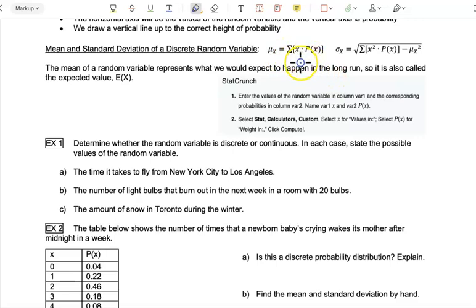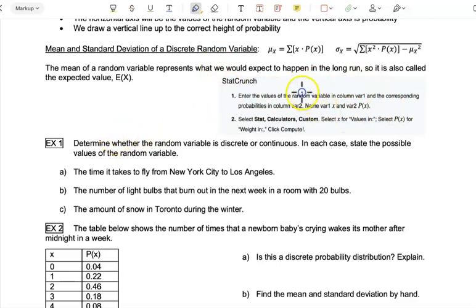I'm going to show you how to check it with StatCrunch, and there are some practice problems where you've got rather large data sets. If it's got the little data mark next to the problem number in the homework, then you're allowed to exclusively use StatCrunch because this would be very time consuming for a large data set.